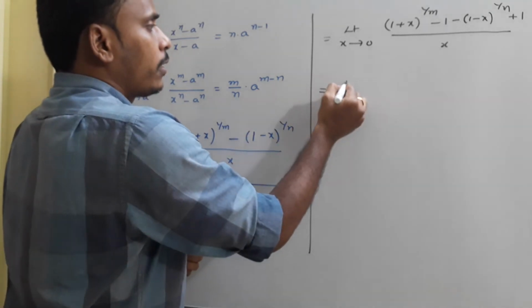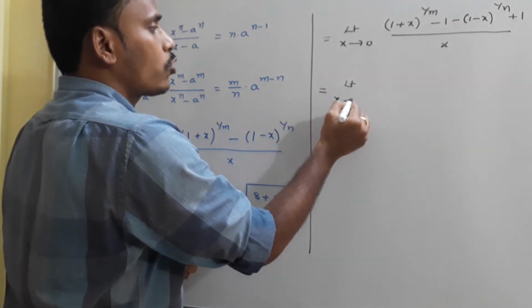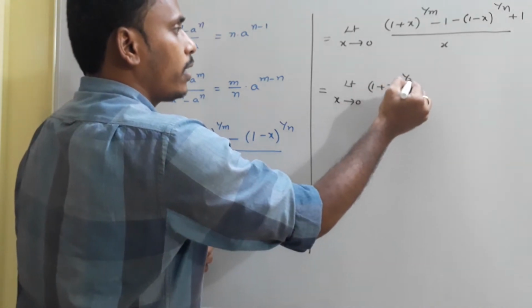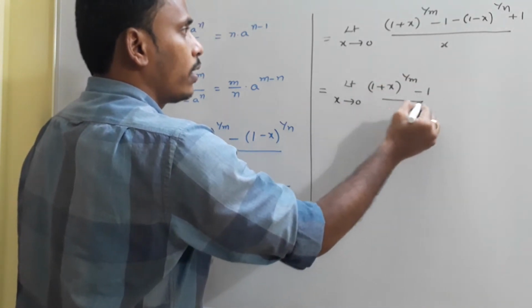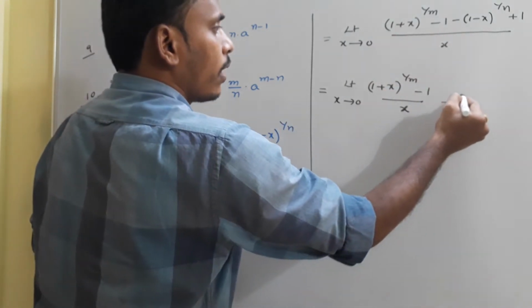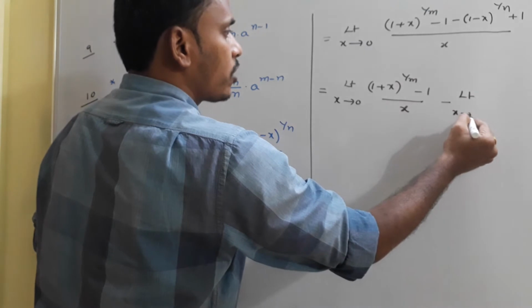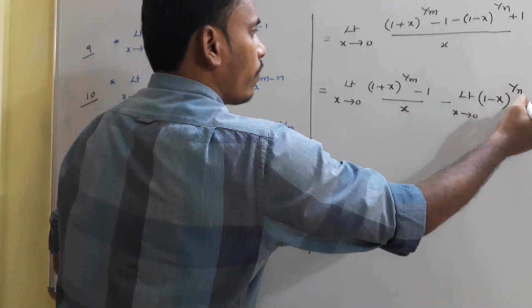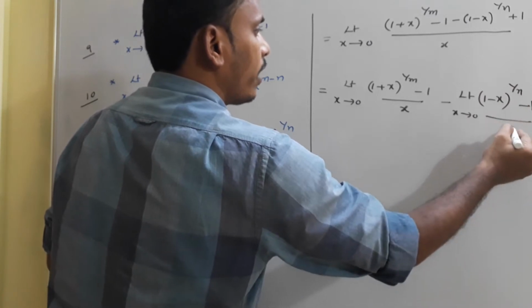you just split it: the limit as x tends to 0 of ((1 plus x) to the power 1 by m minus 1) divided by x, minus the limit as x tends to 0 of ((1 minus x) to the power 1 by n minus 1) divided by x.